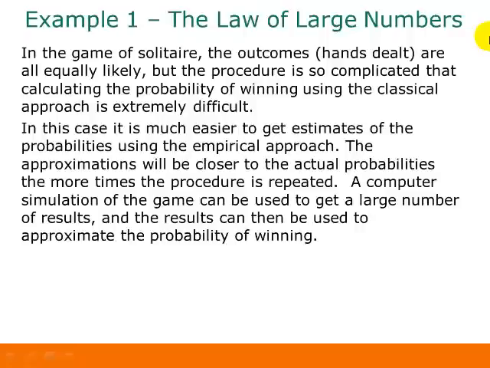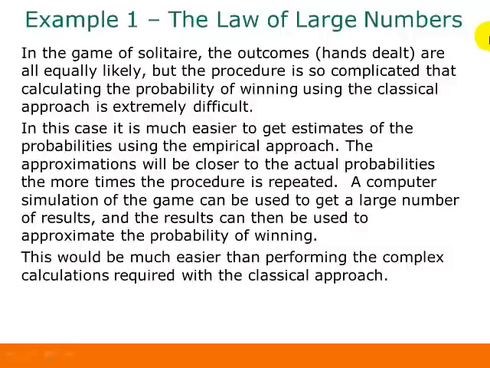The approximations will be closer to the actual probabilities the more times the procedure is repeated. We can use a computer simulation of the game to get a large number of results, and the results can then be used to approximate the probability of winning. This would be much easier than performing all the complex calculations required with the classical approach.